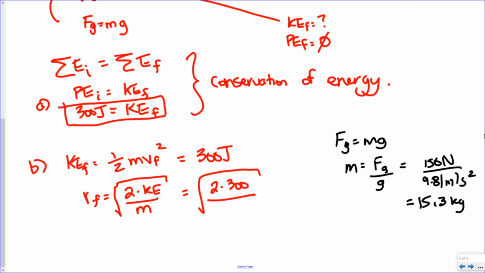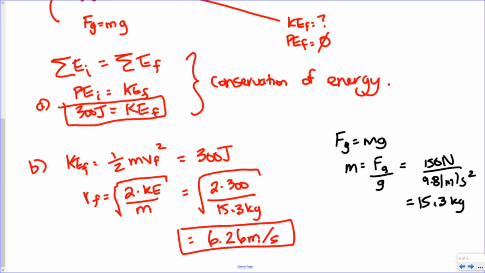So we can just plug that right into here, 15.3 kilograms. So if I do 2 times 300 is 600 divided by 15.3, and then take the square root of that, that gives me a final answer of 6.26 meters per second. And there's my final velocity.